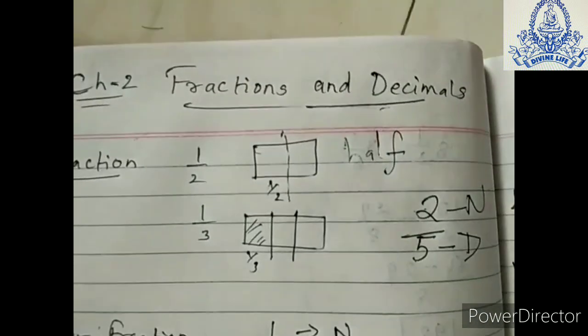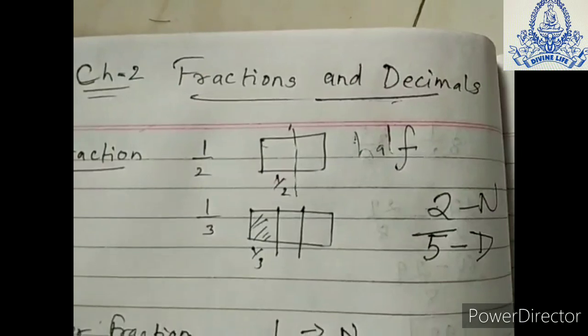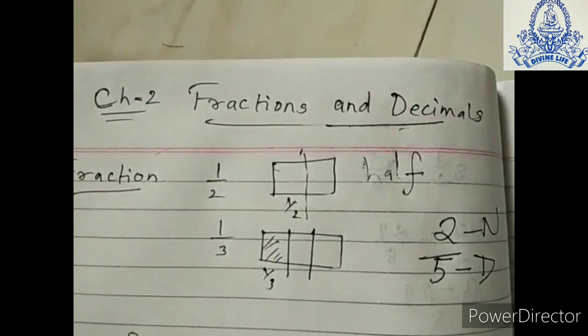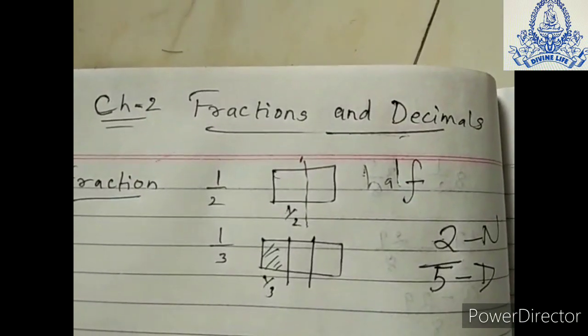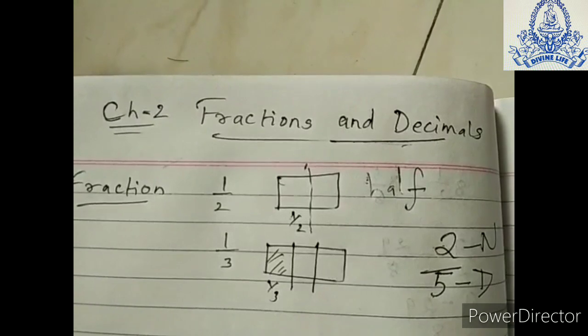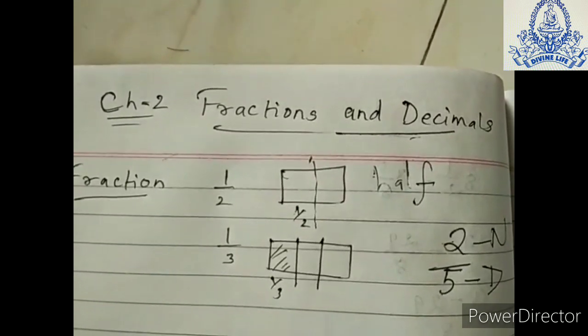Students, always remember, down means denominator, D for down, and you can remember it quickly.